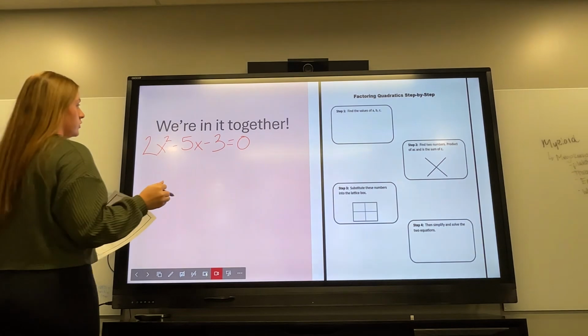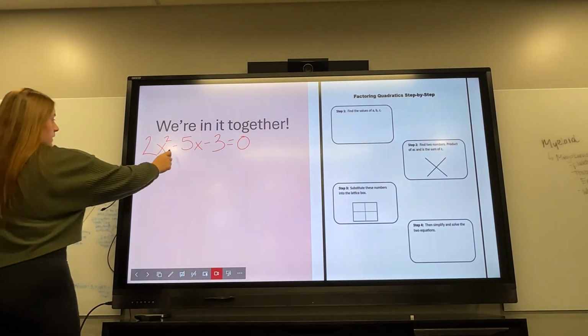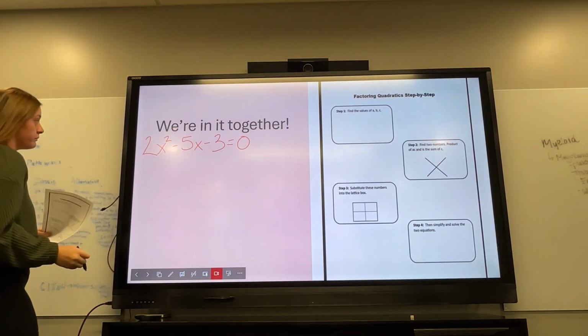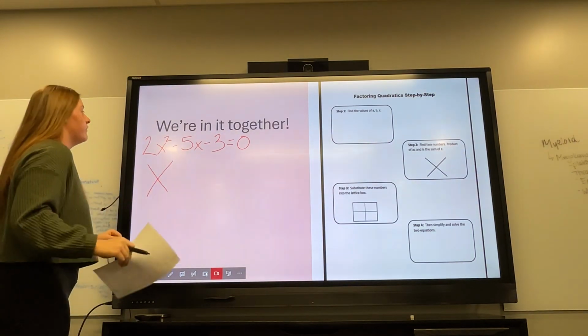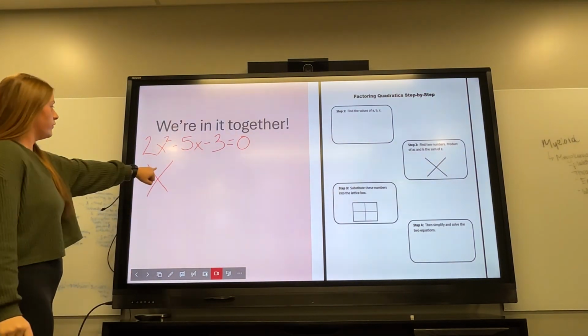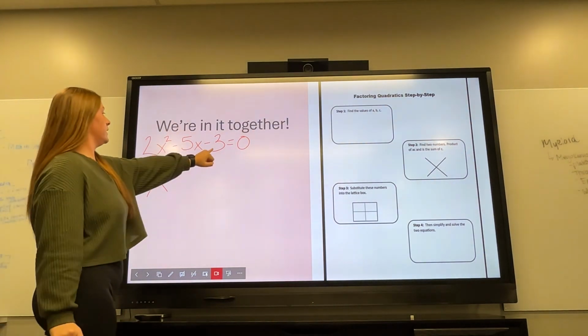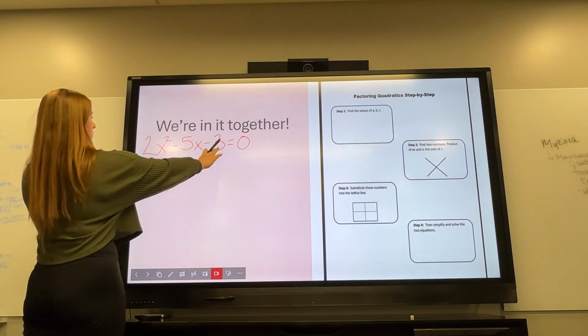First, my A value is 2, my B value is negative 5, my C value is -3. I'm going to find the product of A and C for the top of my X. The product of A times C is -6, because 2 times -3.